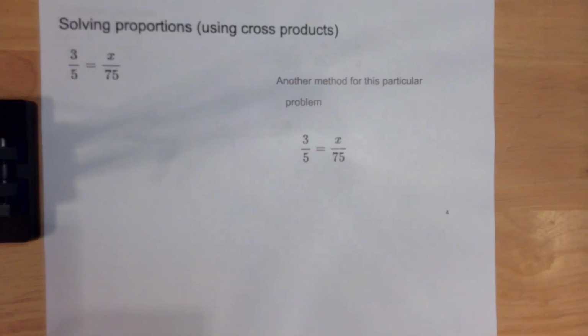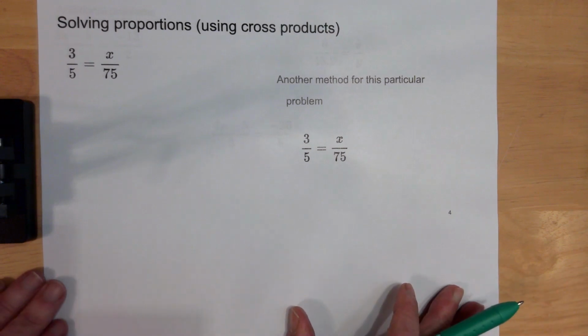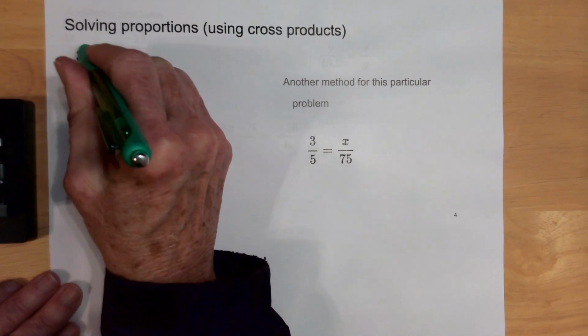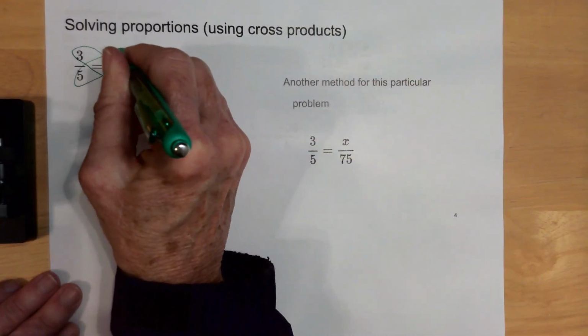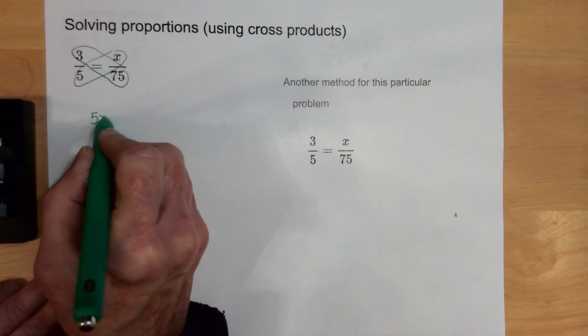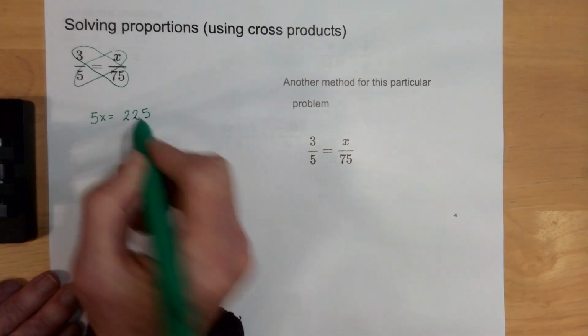You can solve proportions that have variables in them by using cross multiplication or cross products. So I'm going to multiply this times this, and this times this. So I have 5x is equal to 225.